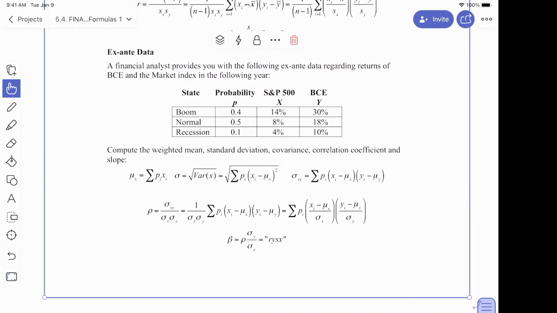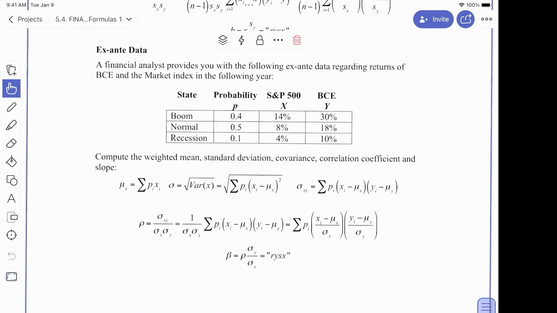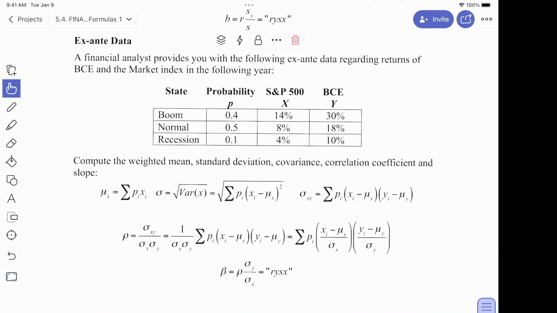There are only 3 possibilities: boom, normal, and recession. Not infinite. I've reduced it to 3. Because it's all that can exist, now my statistics are population statistics. Now I'm going to use the symbol mu for mean, sigma for standard deviation.